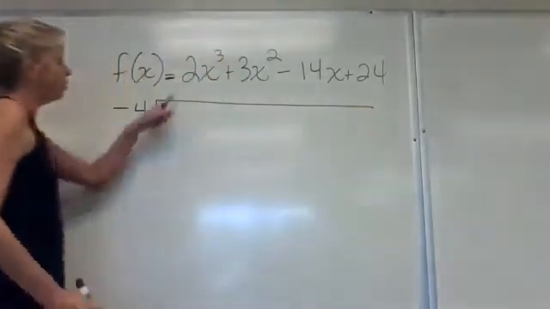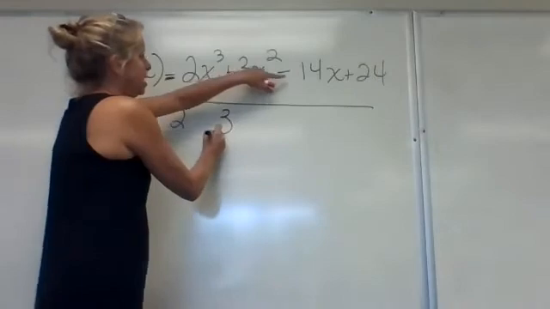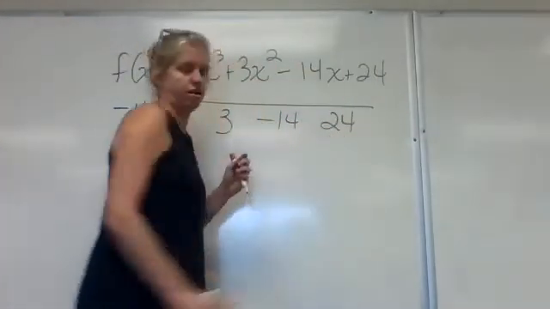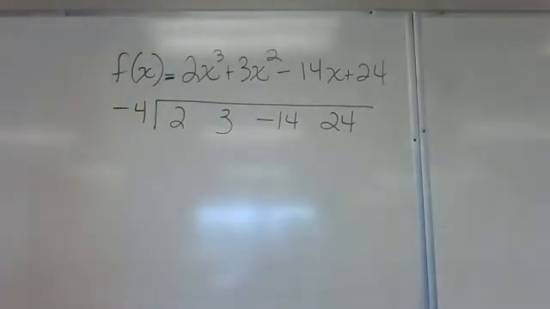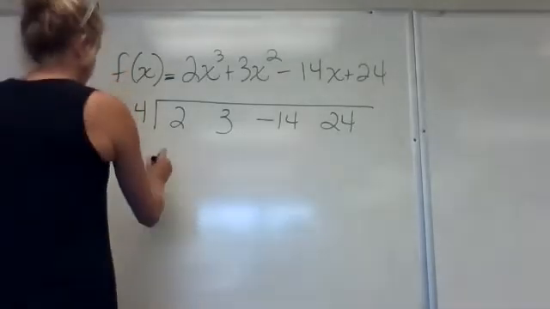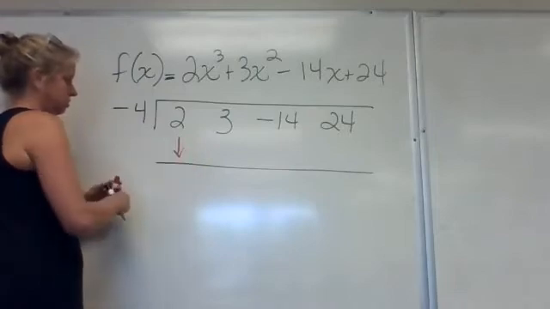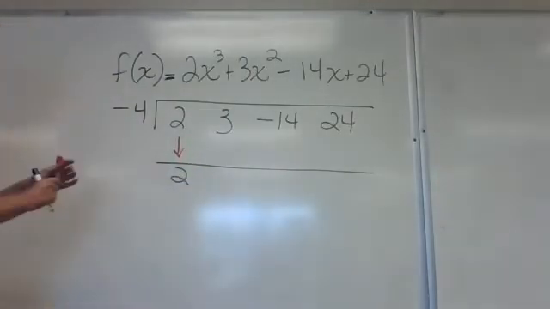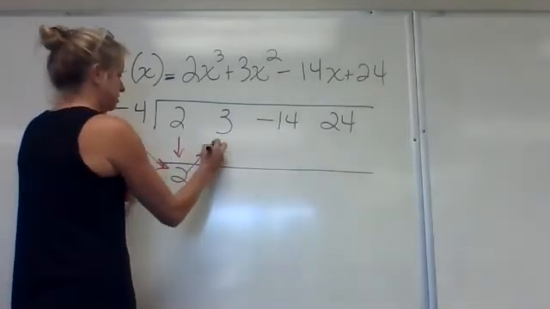We're going to use -4. My coefficients will be 2, 3, -14, and +24. Drop down your 2. Do the process. -4 times +2 gives me -8.